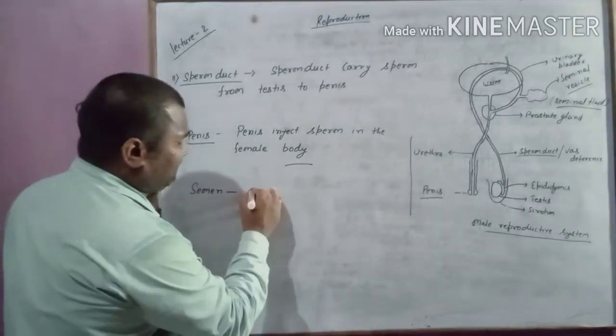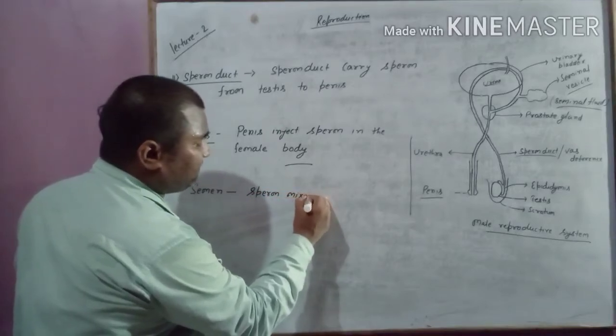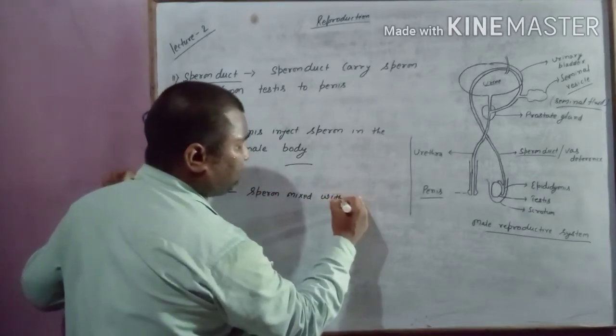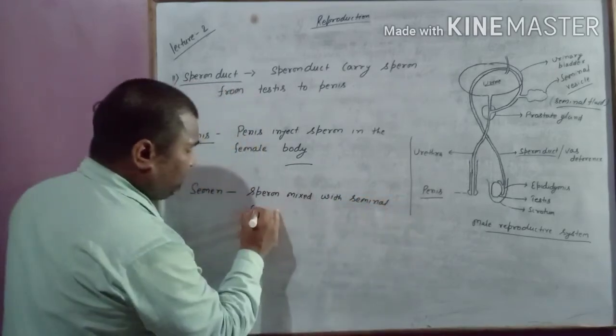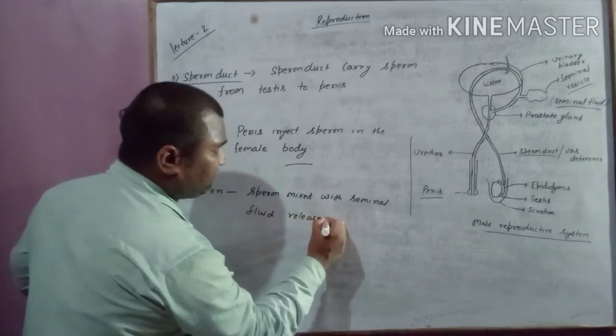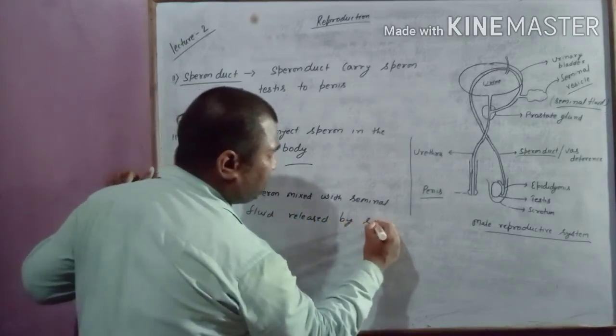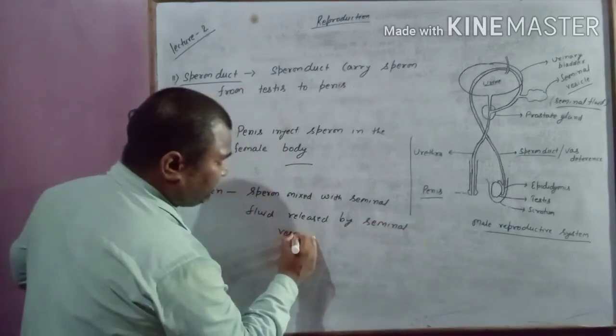What is semen? Sperm mixed with seminal fluid released by the seminal vesicle.